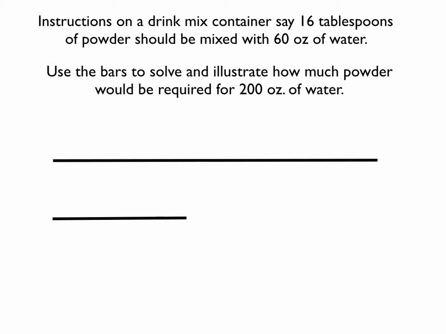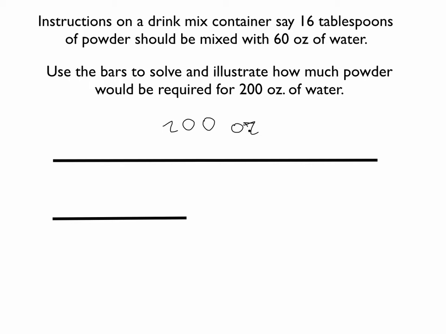Use the same bars to illustrate how much powder would be required for 200 ounces of water. The larger bar is going to be 200. Okay. So you want 200 ounces here.